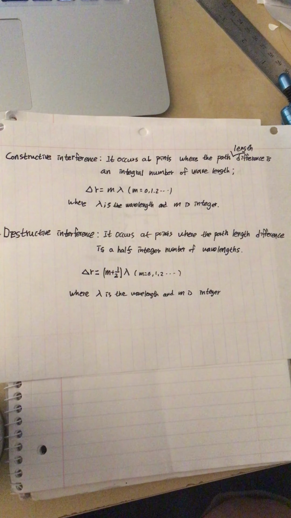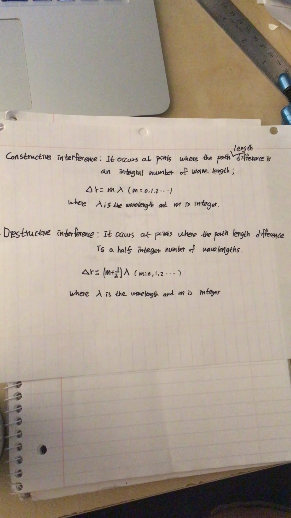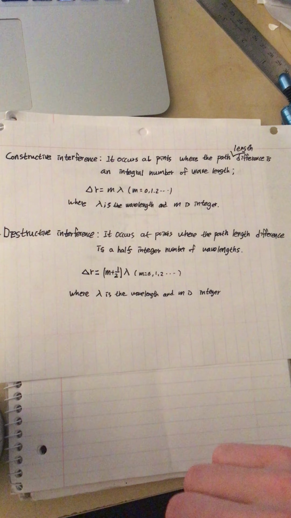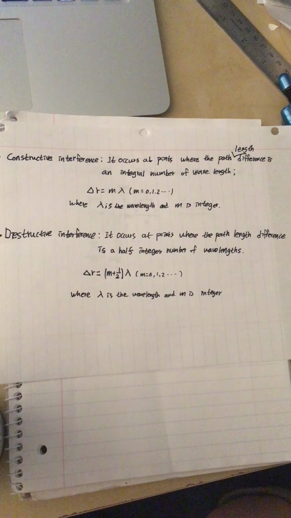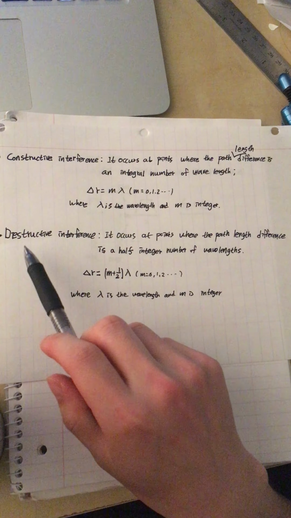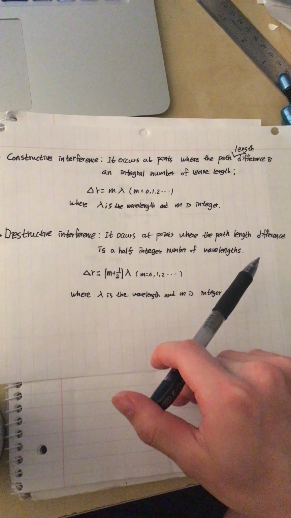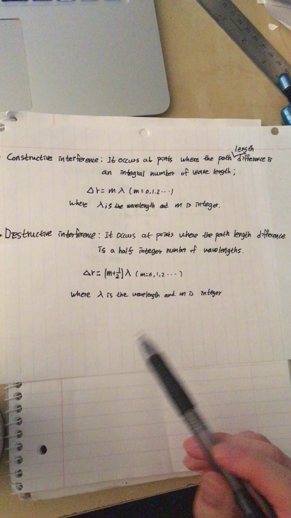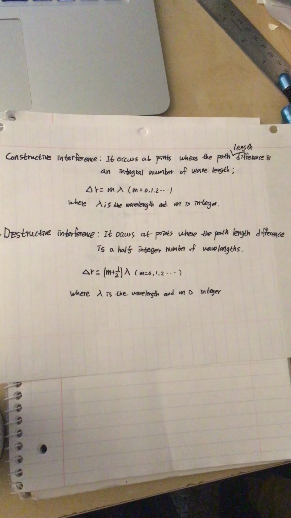So the equation is delta R equals M times lambda, where M can be 0, 1, 2, 3, lambda is the wavelength and M is an integer. Destructive interference occurs at points where the path length difference is a half integral number of wavelengths. So it's delta R equals (M plus 1/2) times lambda.